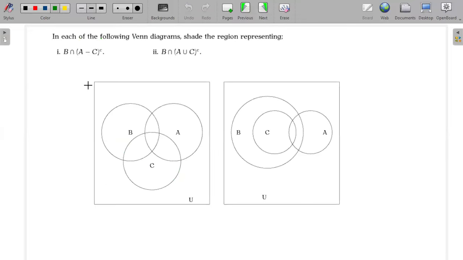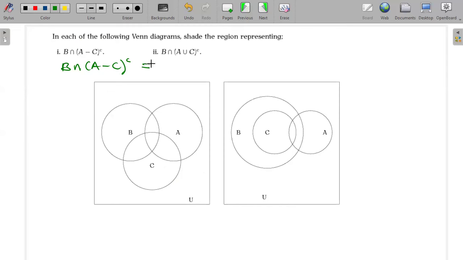Okay, so the next question that we have is here. The question reads, in each of the following Venn diagrams, shade the region representing A intersect, that is A set difference of C complement. So in these Venn diagrams, we must shade this set here.